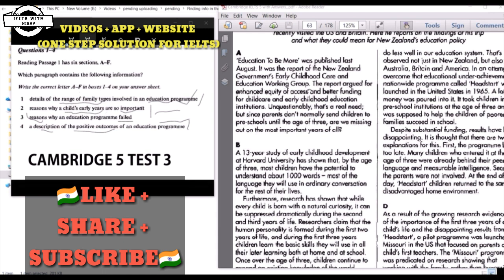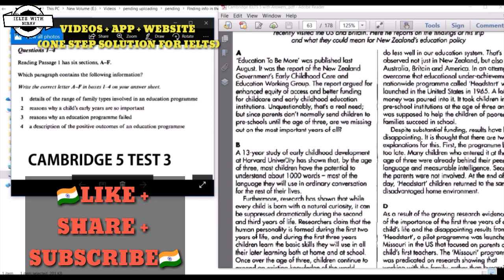An education working group, the report argued for enhanced equality of access and better funding for children's and early childhood education institutes. So this is about funding, right? So no matching information for our questions. So I'm clearing this now and let's read the second paragraph.